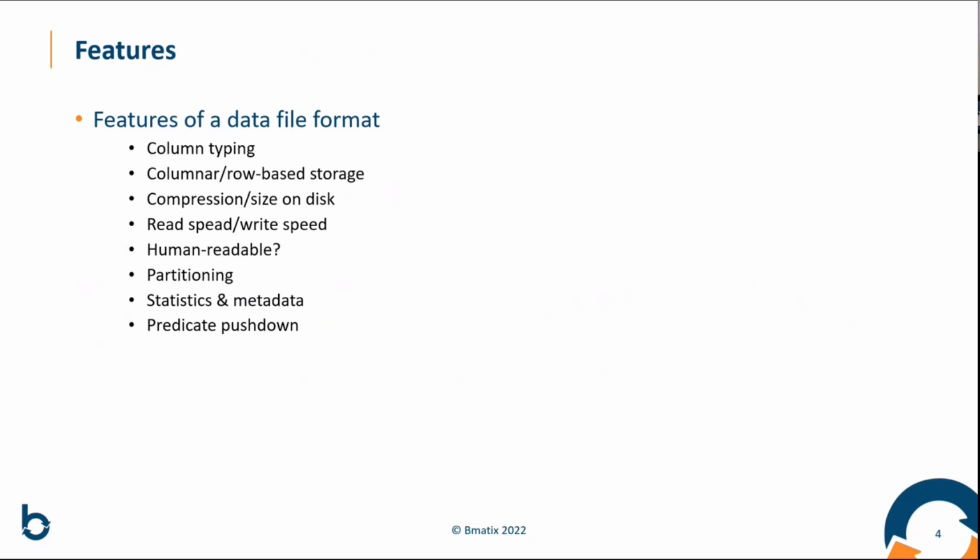So here is a quick overview of all the features that I'm going to discuss today. These are features that a certain data file format may or may not have. I'm looking at these features in general, discussing how they work, why they can be useful or why they may not be useful, so that you know how they work. People who have done a lot of relational database development will also recognize a lot of these features as being reminiscent of features offered by databases.